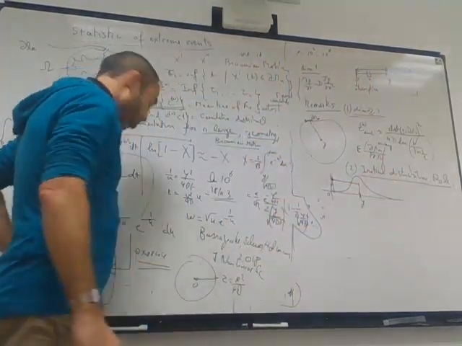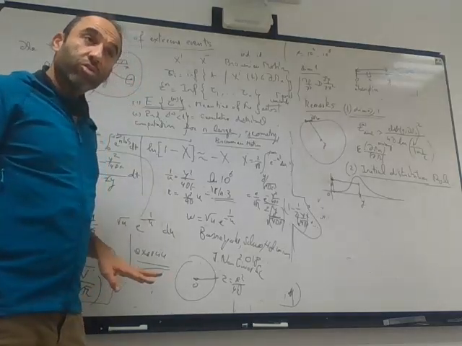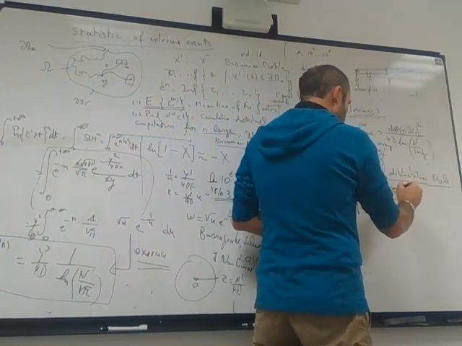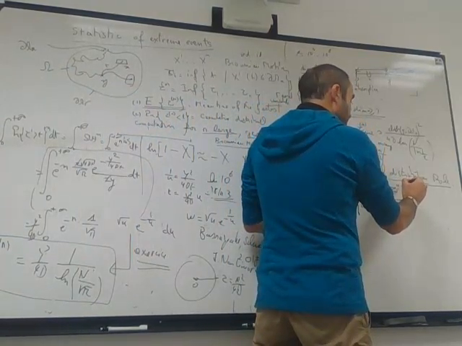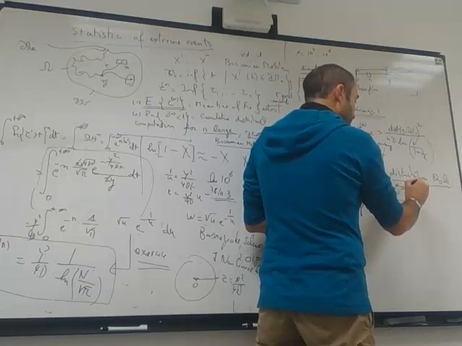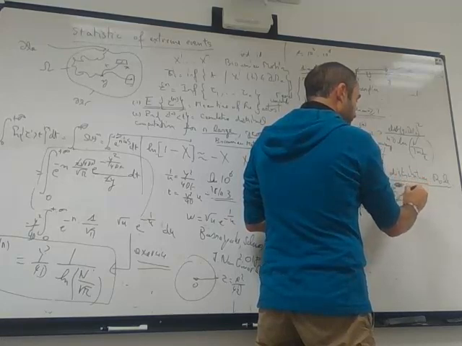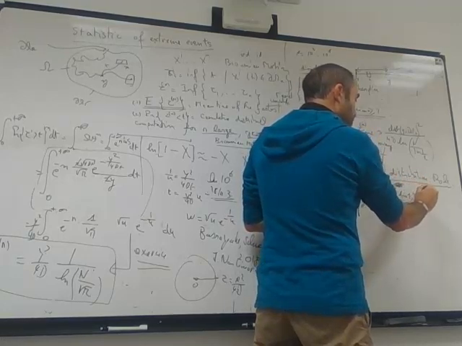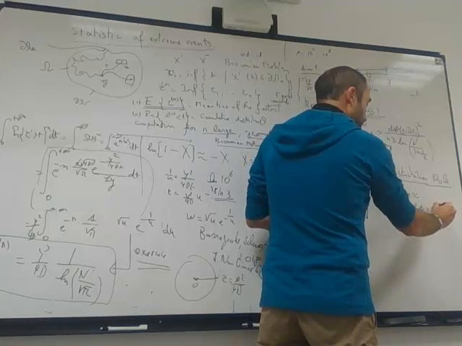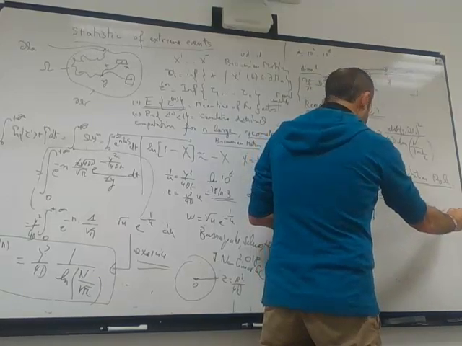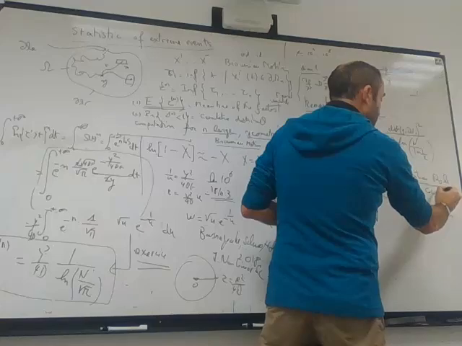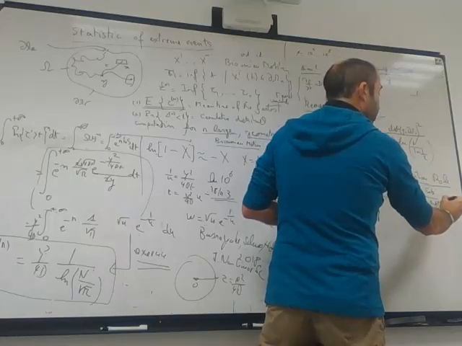It's not anymore log of n for some distributions. I'm not going to show that to you, just as a result. So the time to escape, even in dimension 1 with n particles, but with a distribution, for example a uniform distribution in this domain, is a constant divided by n squared.